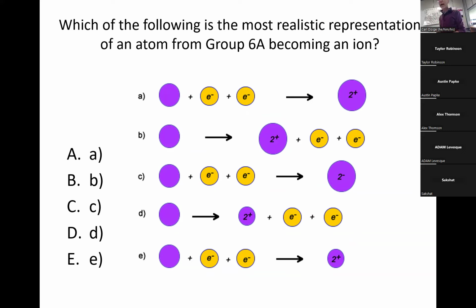How do we show that? Okay, I'm pleased to see that the two favorite answers are ones that are showing electrons being gained. So that's good. So electrons are going to be gained. And when they're gained, there's more repulsion amongst the electrons, and therefore something happens.